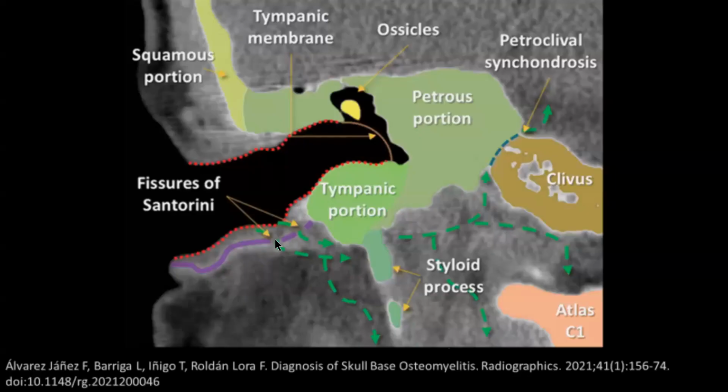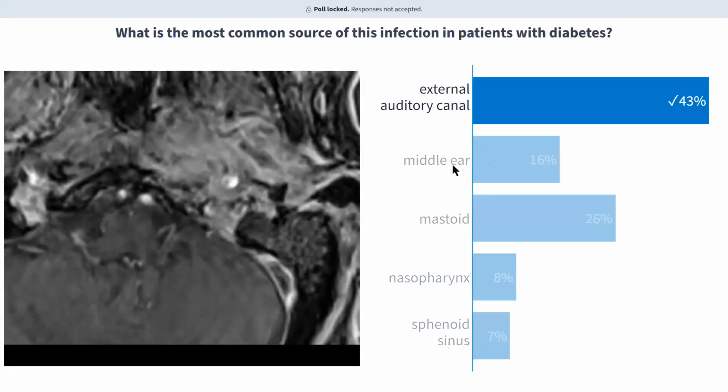And then because of pores in the cartilaginous portion of the EAC called the fissures of Santorini, the infection travels into the subtemporal soft tissues along fascial planes, and it continues medially and causes osteomyelitis of the petrous portion of the temporal bone as well as the clivus, and it creates a phlegmon or sometimes even an abscess if untreated down here, and that's the typical pathogenesis of skull-base osteomyelitis.